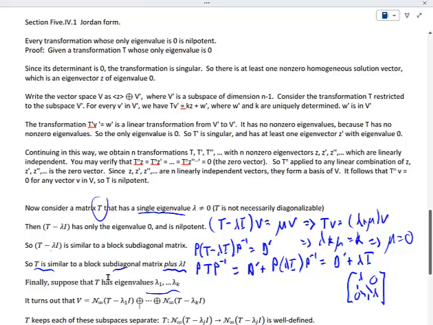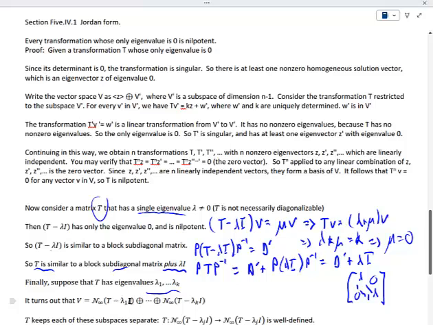Now, T is not nilpotent, but we've seen that any matrix has a chain of subspaces that terminates. The range terminates, and where it terminates is R infinity, and the null space terminates at N infinity. So I'm going to take this matrix T minus lambda 1 I.